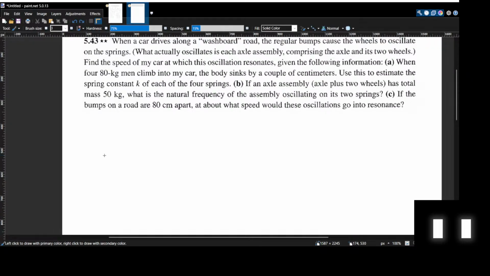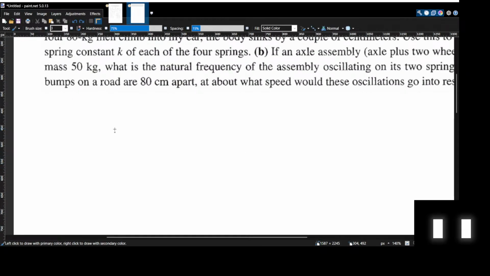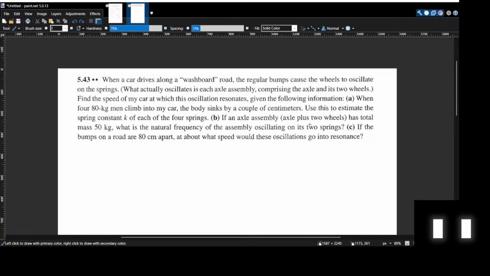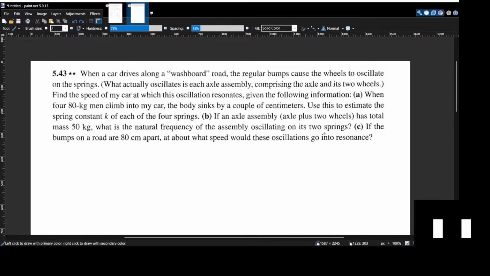So let's say the car weight normally looks like this. Before that, hold on. This is to estimate k on each of the 4 springs. Obviously, that means there are 4 springs.